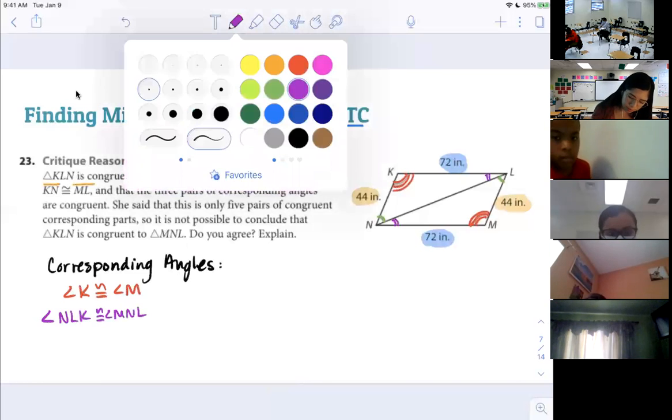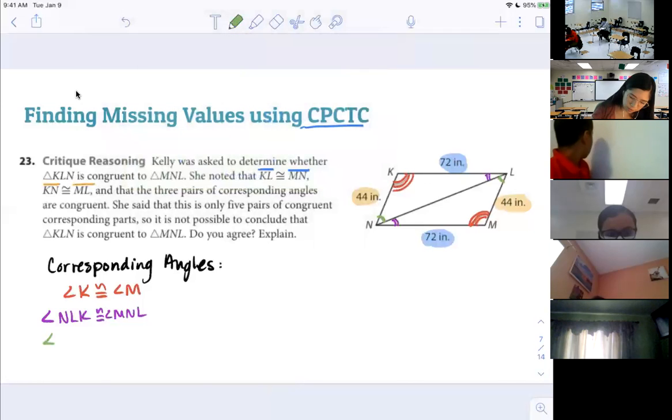And then I have angle LNK, and that's congruent to? Good. Wait, LMN, say that one more time. Make sure you have it in order, Tyrone. You want L in the middle. And LM, there you go.